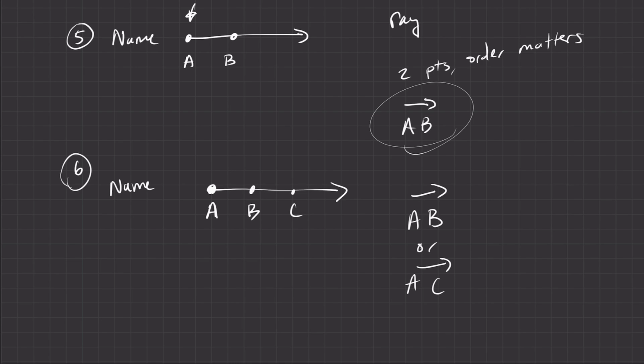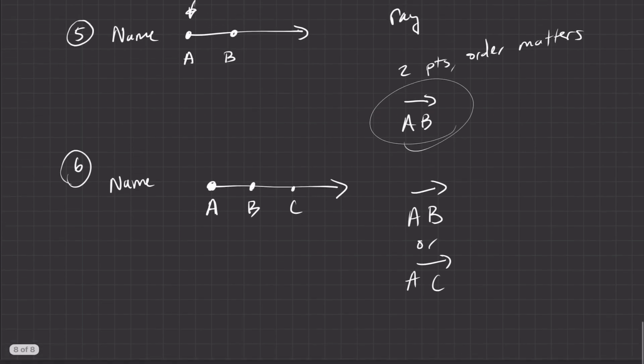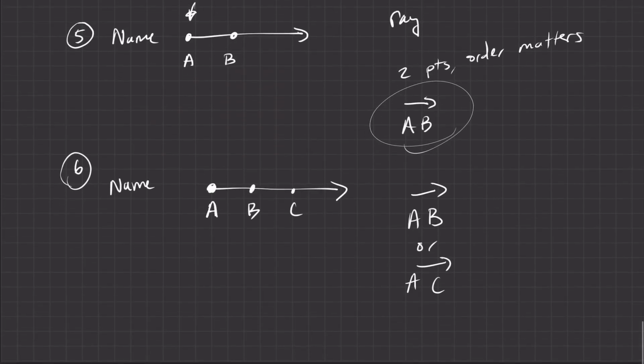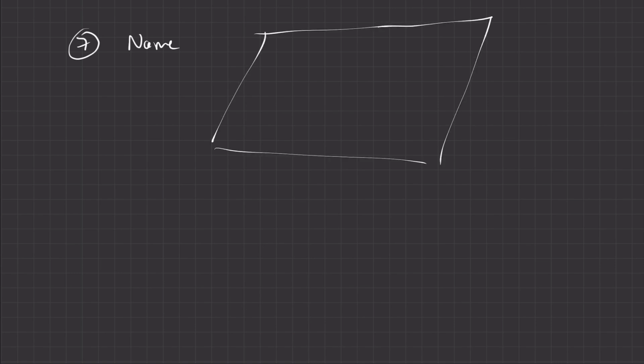The next thing I want to take a look at is number 7. Name this plane. You can call that B, A, C, and there's M. So you need 3 points to name a plane.